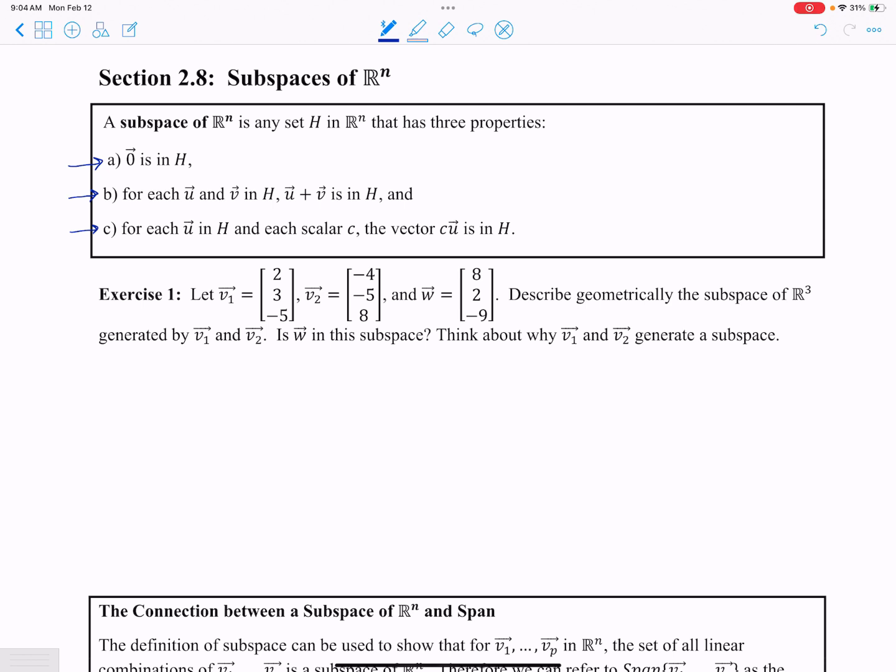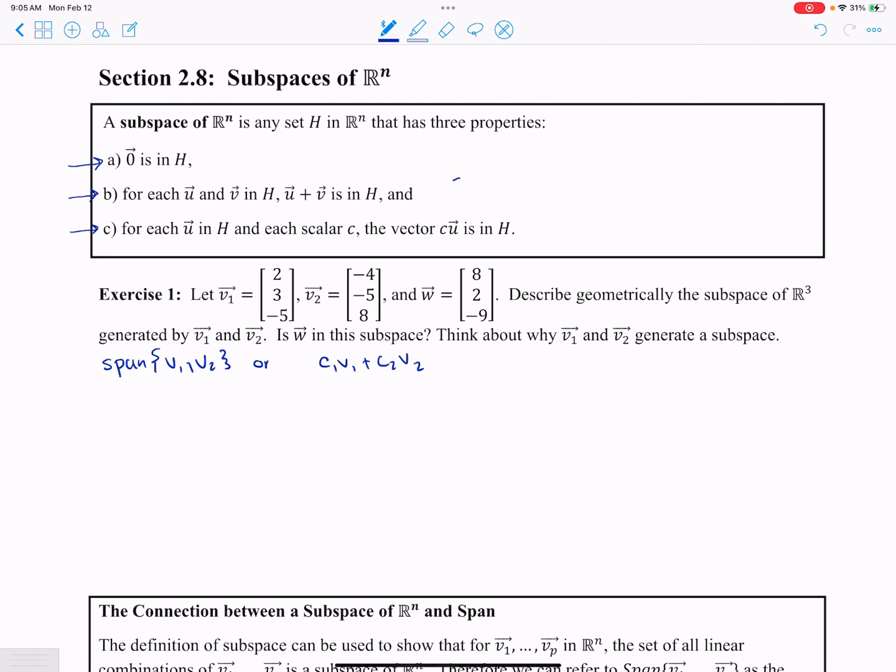The subspace generated by V1 and V2 is really the span of V1 and V2, or all linear combinations, C1 V1 plus C2 V2. The reason it's really just the span is because of the properties.